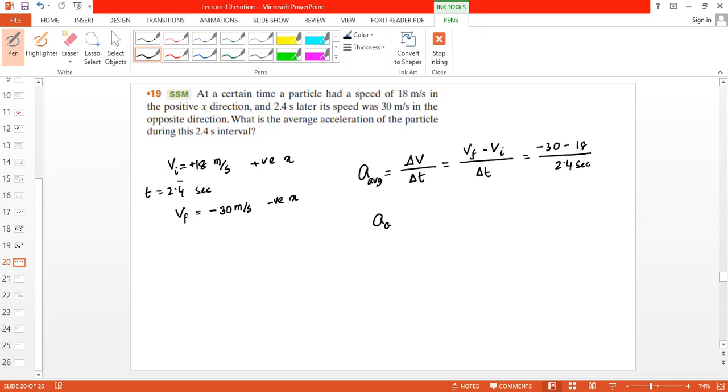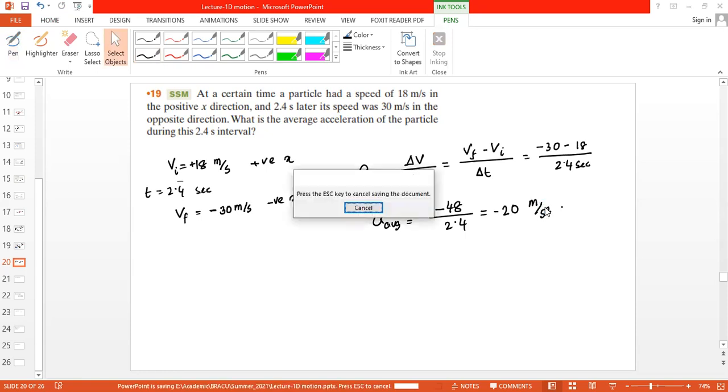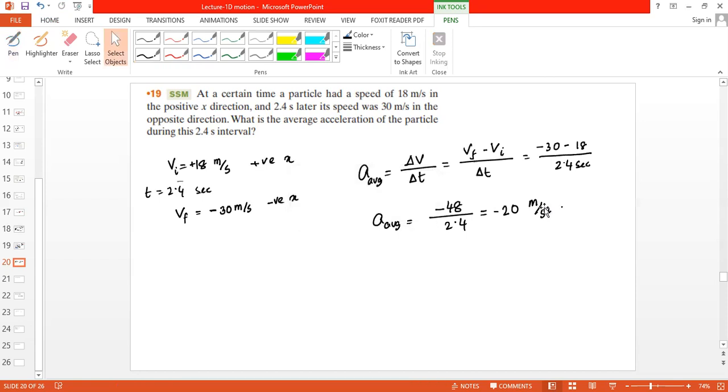So a average is basically equal to minus 48 over 2.4, which is minus 20 meters per second squared. Is it clear? This is very easy math. Guys, is it clear? Hello.